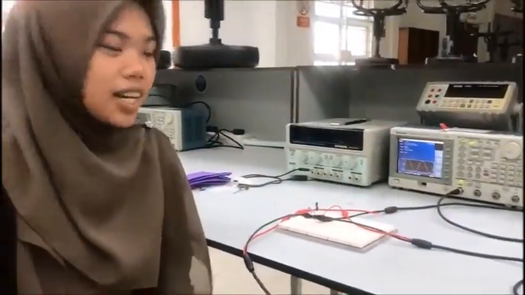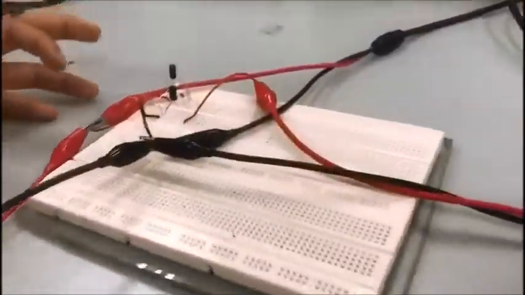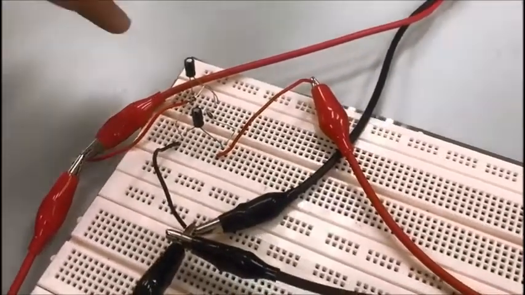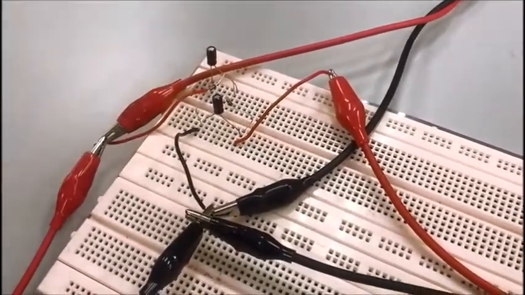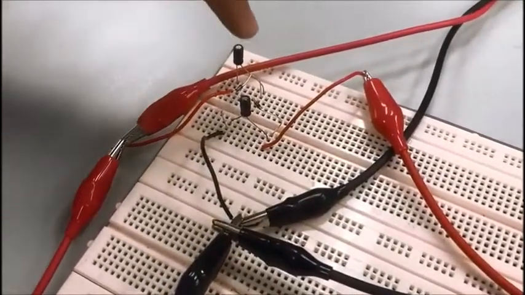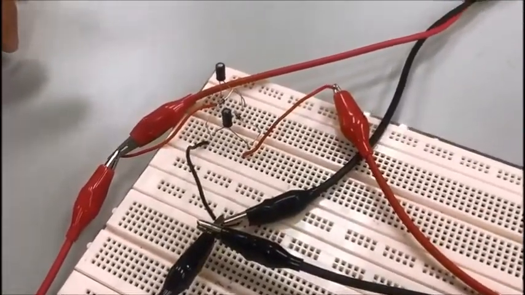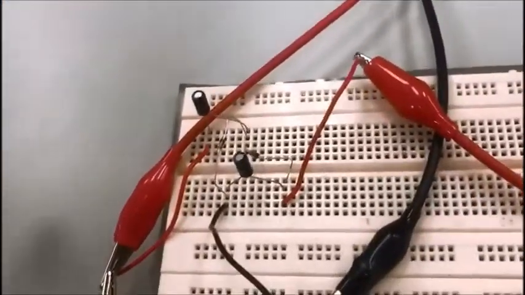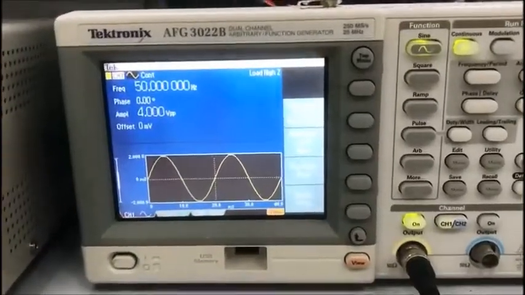Now we will do the experiment. This is the connection of the Cockcroft voltage doubler. We have two capacitors of 10 microfarad and two 4148 diodes. This is the connection for the doubler, and we get the supply from the function generator.